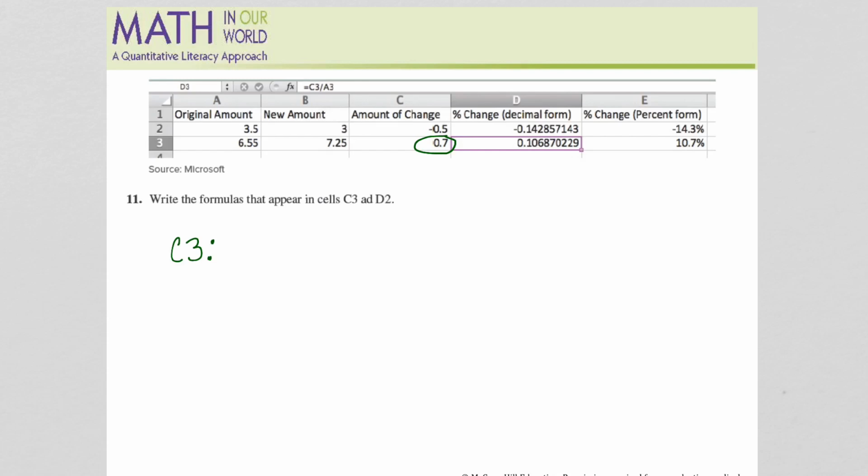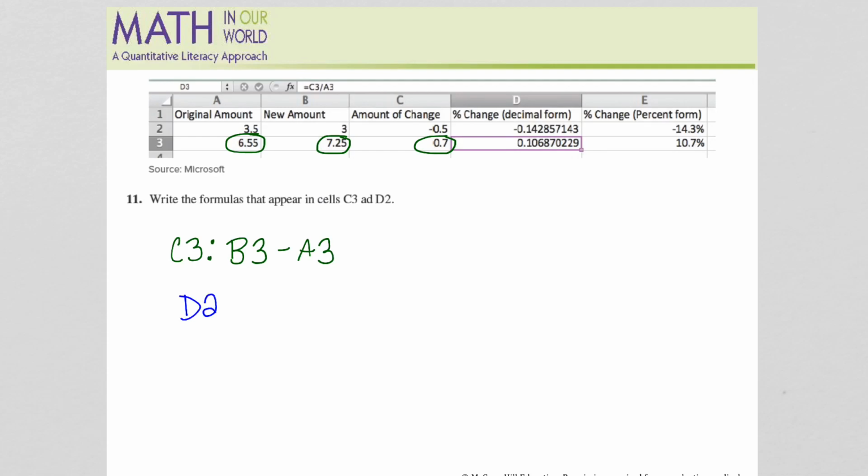It looks like if we take 7.25 and subtract 6.55, then we get 0.7. Put that in your calculator, you'll see that's true. So what's actually happened is we took cell B3 and subtracted cell A3, and that gave us cell C3.